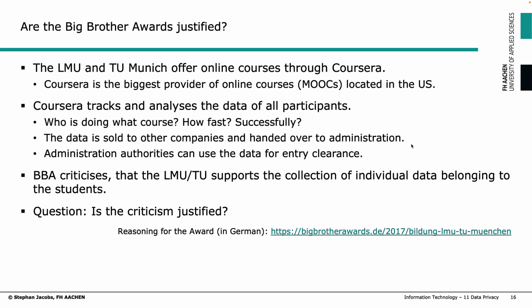And administration? So if you think about the US administration, they take the data to decide if certain people are given a visa to enter the US, if they would like to employ for a job, or not, if they, for example, have proven to be lazy in these kind of courses.